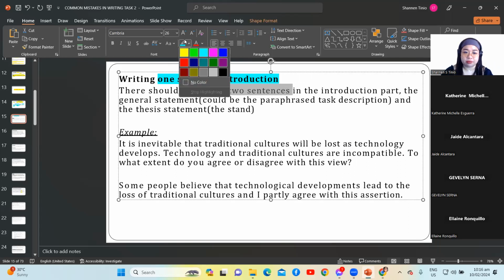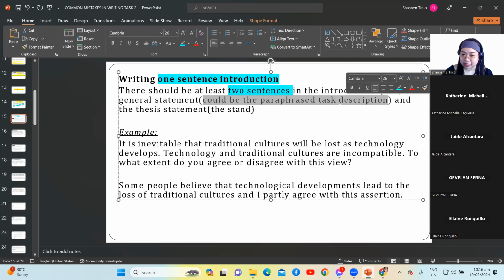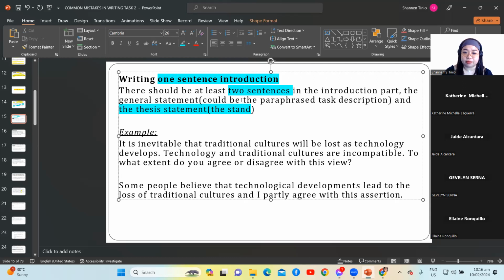First is the general statement, meaning, kagaya nung pinakita ko kanina, pinaraphrase yung task description and binigay yung thesis statement or yung stand. So, paraphrase, and then give your stand.